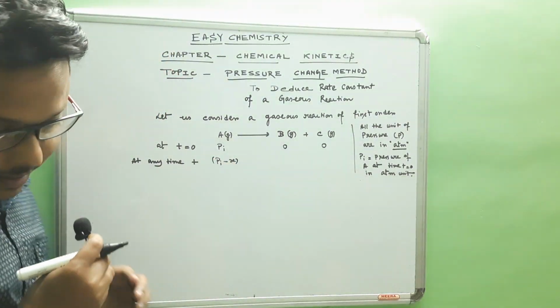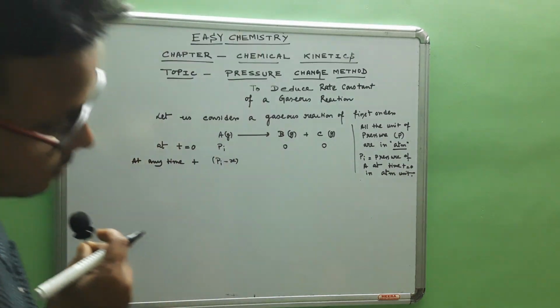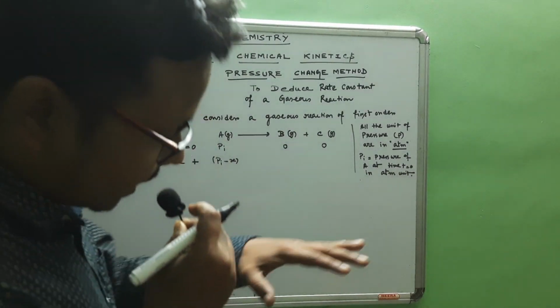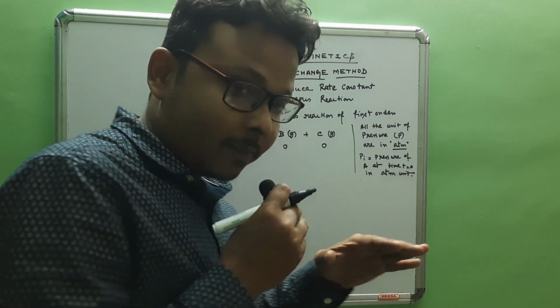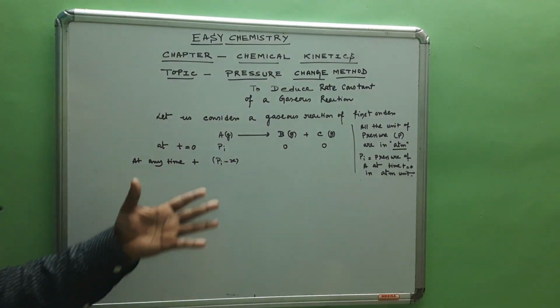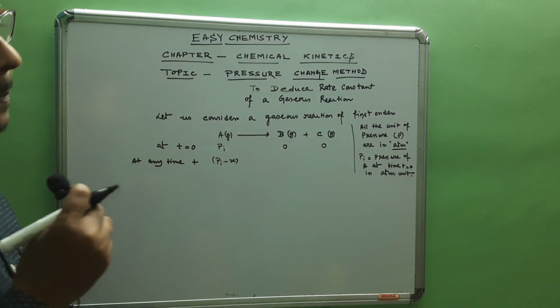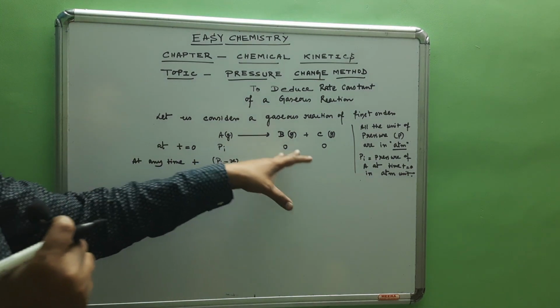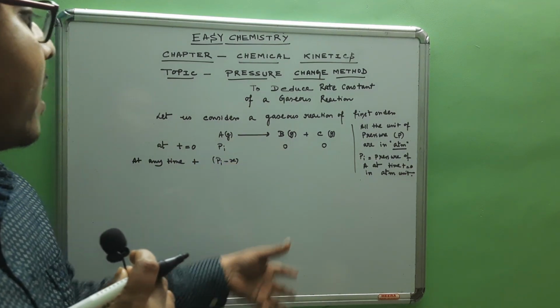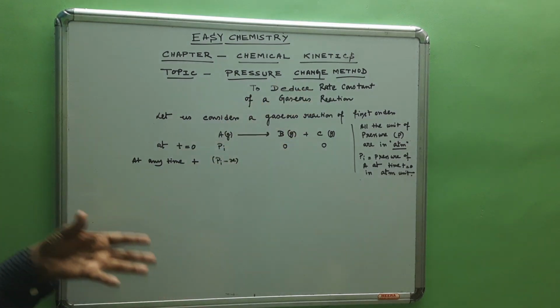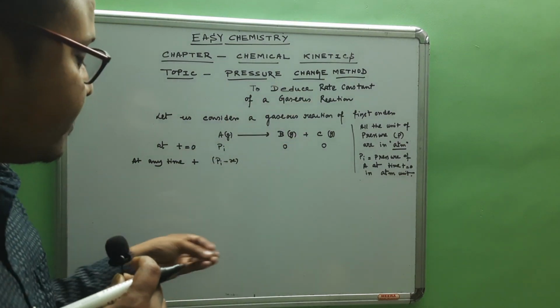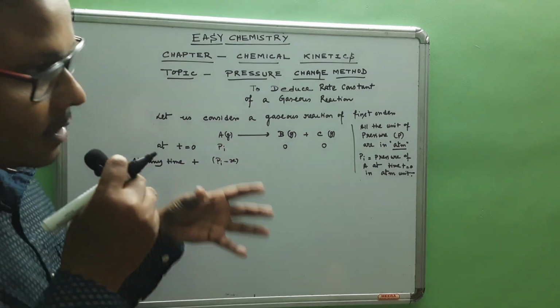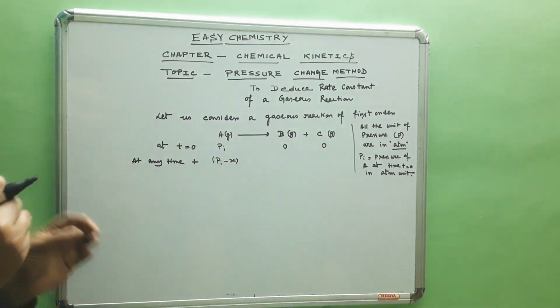As A is being consumed with the advance of time, the initial pressure of A is going to drop. And the pressure of B and C begins to rise from their zero values, because with time the amount of B and C also increases.